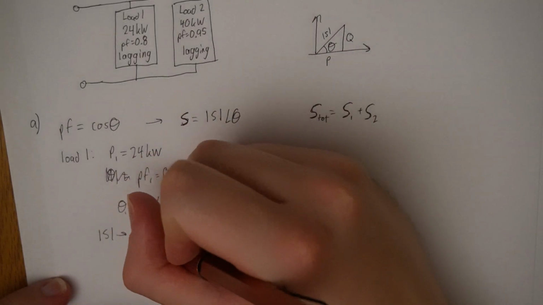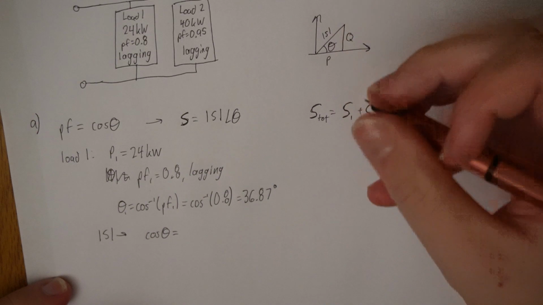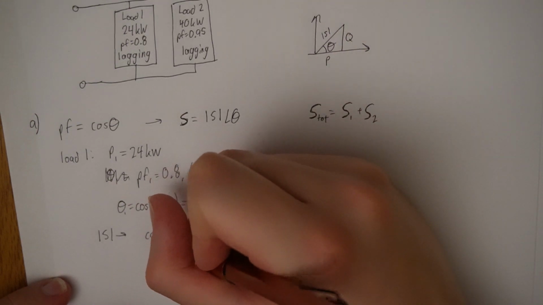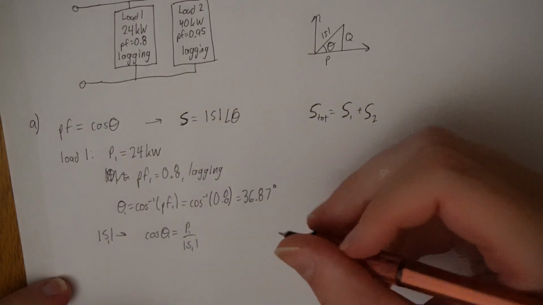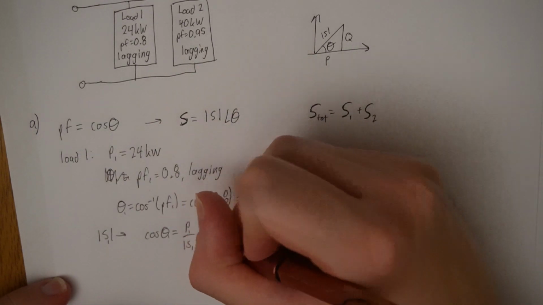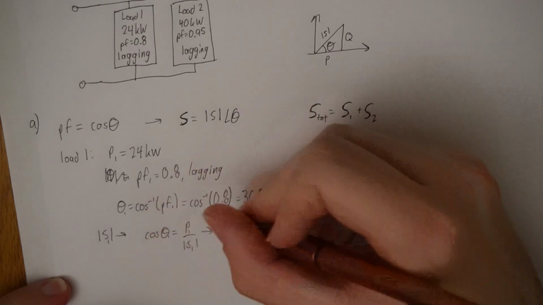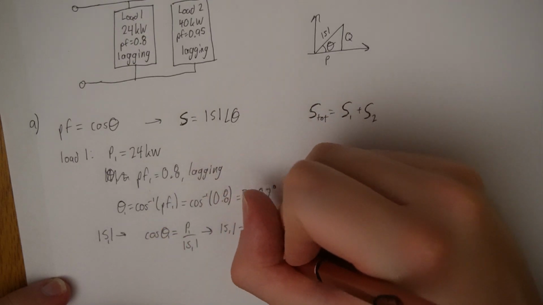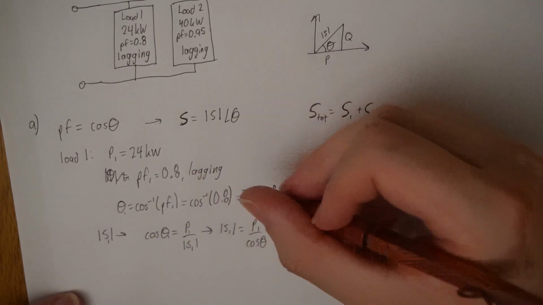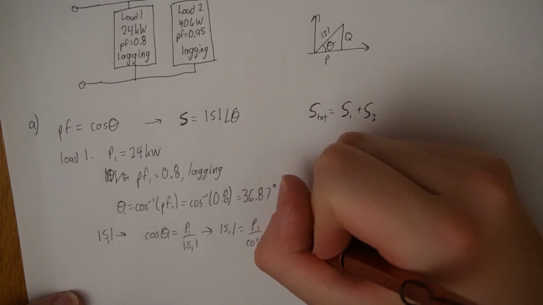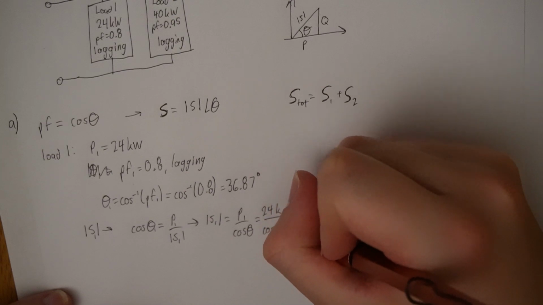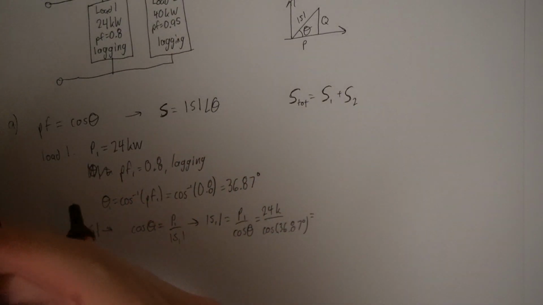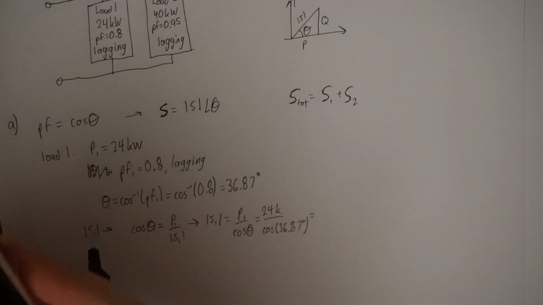So cos theta equals P over S. This is all S1, magnitude S1. Therefore, S1 is equal to P1 over cos theta equals 24K over cos 36.87 degrees.